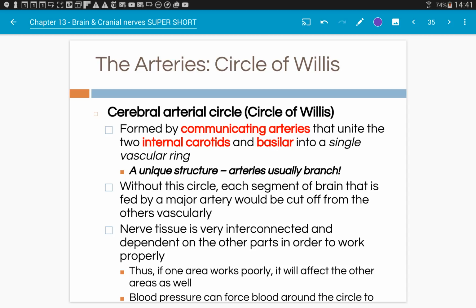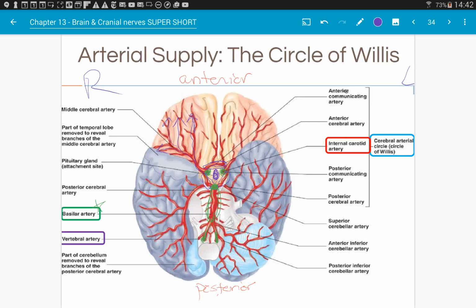So here's where it's explained about what I just told you. You have the circle of Willis. You need to know the components of the circle of Willis. You have communicating arteries. That's as simple as you need to go. You do not need to say anterior communicating artery, posterior communicating artery.